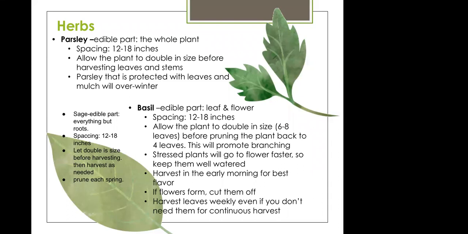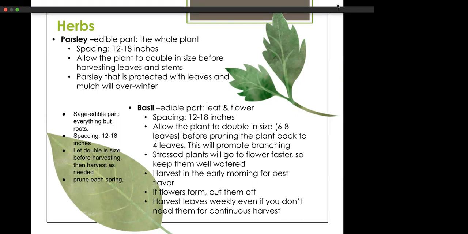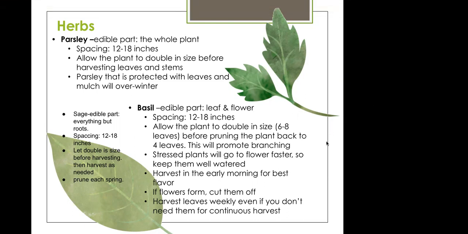You just want to prune it back each spring. And when you're harvesting, you also want to be mindful of how you're cutting your sage plant so that you're not cutting off too much of it unevenly. And yeah, I believe that is it.